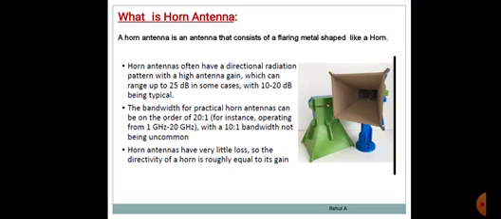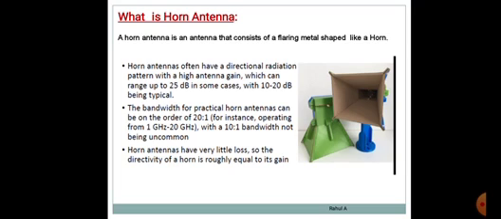Now the next characteristic: the bandwidth for a typical horn antenna can be on the order of 20:1. How do we find bandwidth? Bandwidth is simply found with the formula: the higher frequency minus the lower frequency, that is fH minus fL.